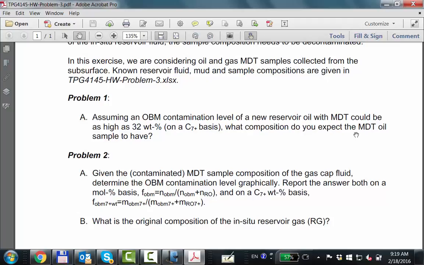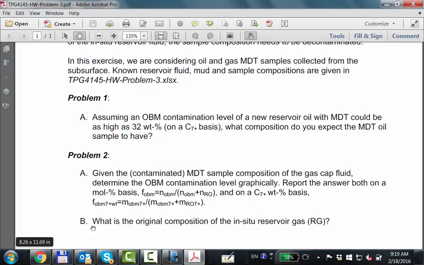So in making this problem, I went back to a publication that I actually used when I first got started here in Norway, and that was actually data that was used in the first paper that I wrote on describing the heavy ends of petroleum mixtures. And that paper gives actual data for a reservoir oil with a gas cap, and so it gives the composition.